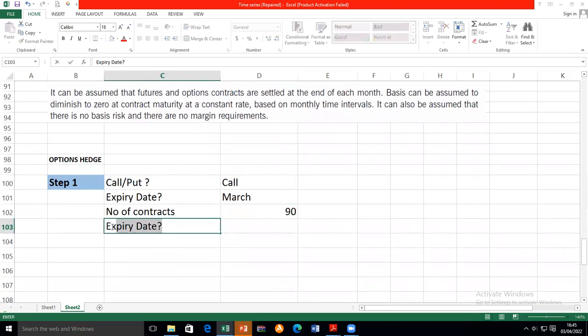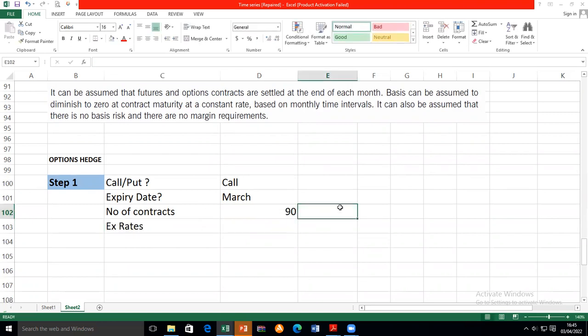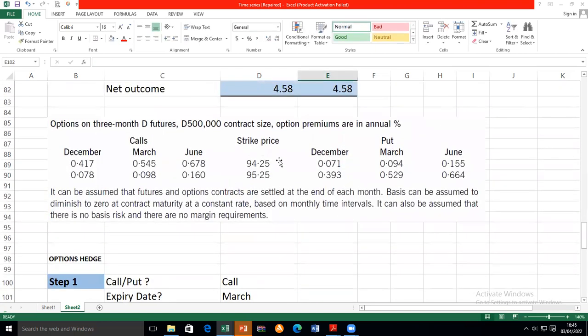Then you go. Exercise rates. There are two of them. Please, can you calculate for me the exercise rates implied by these two? There are two exercise rates. This one, and that one. 100 minus that, 100 minus that. What do you get?